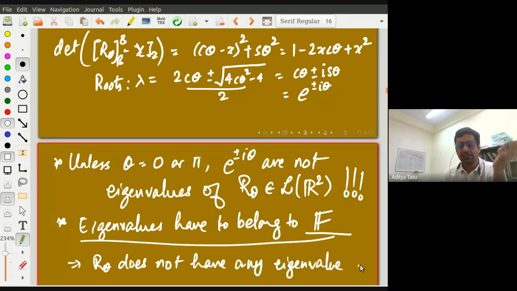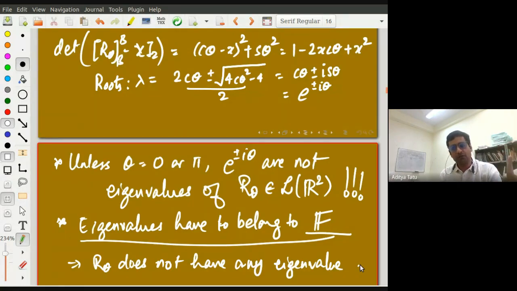And this should not be a surprise, because when we intuitively understand what rotation does on the xy plane, R2 is nothing but the xy plane. If I give a vector to it, it rotates by an angle theta. What are eigenvector and eigenvalue saying? Whatever was the input, the output is aligned with it.